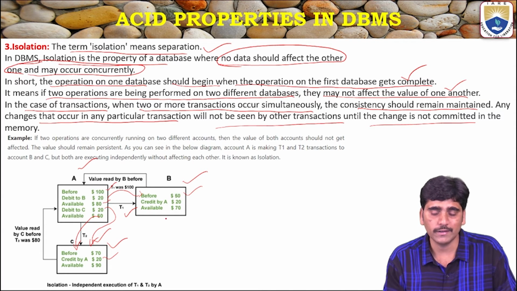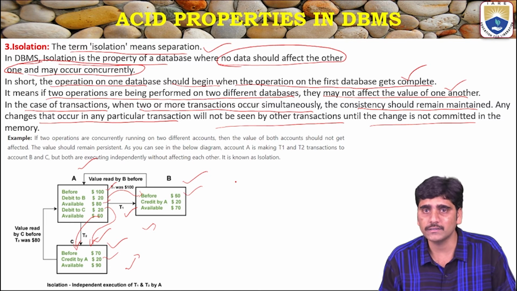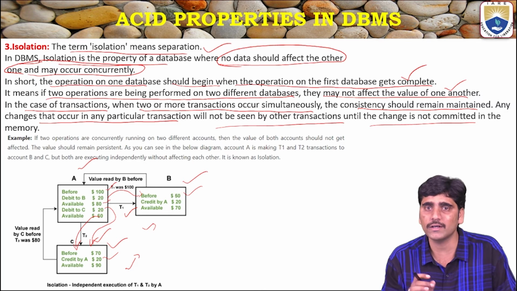So you can say that the isolation property is satisfied. If any data gets affected, then the isolation property is not satisfied.